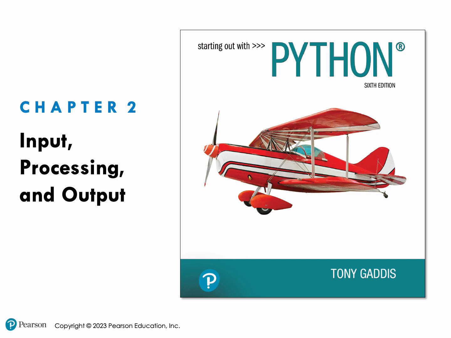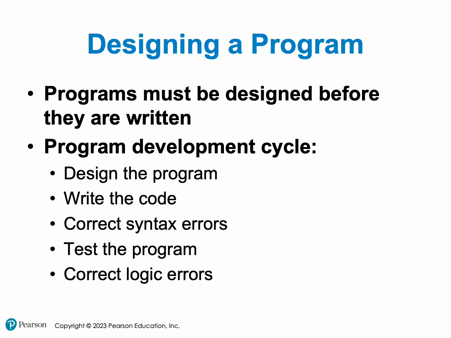Now, let's dive in. Before we get to actually writing the program, there are a couple of steps that you need to be aware of. The first one is designing your program. Before you even put your fingers on the keyboard, you have to design and think about the program that you're going to be writing. There is such a thing as the program development cycle, and it consists of a couple of steps.